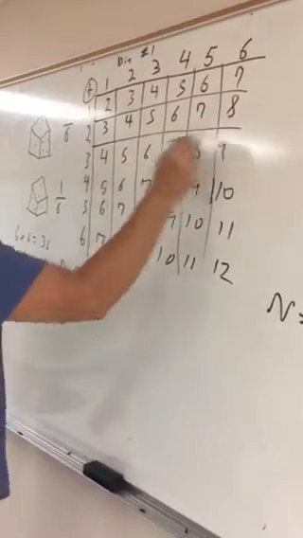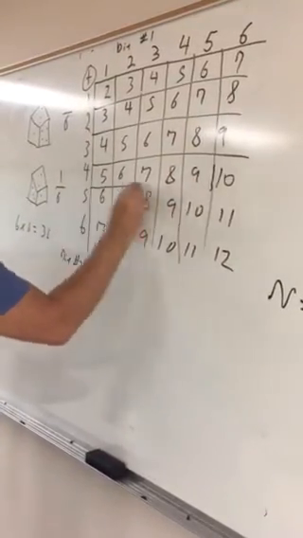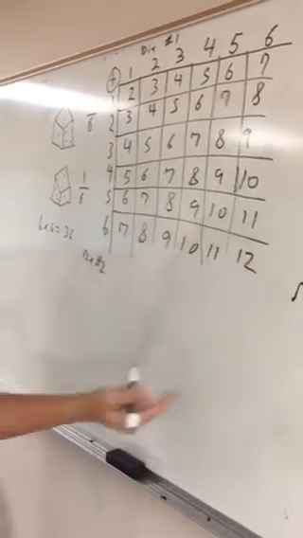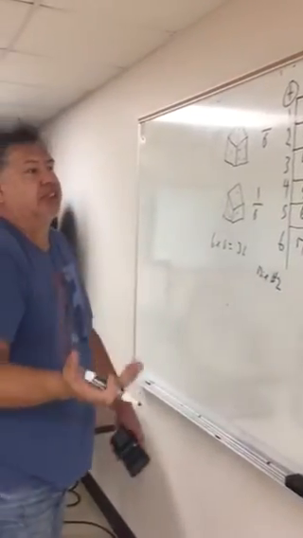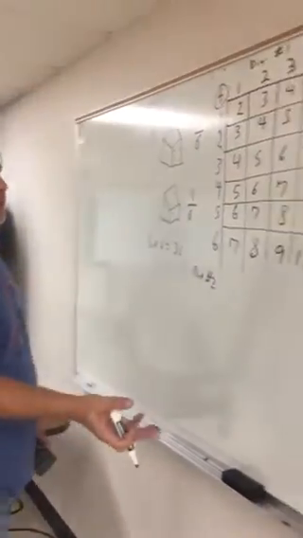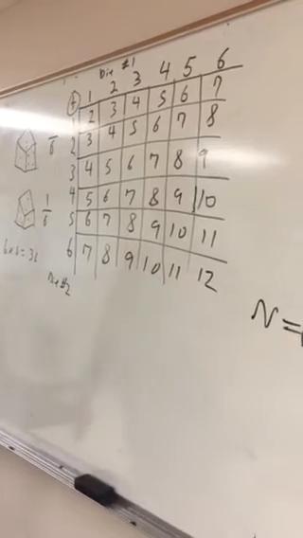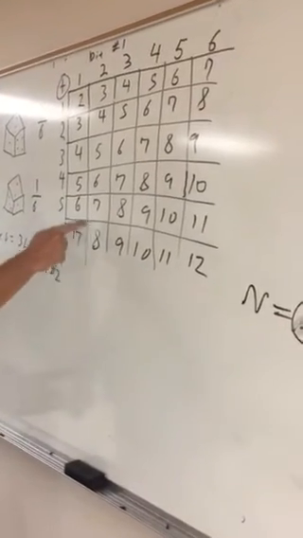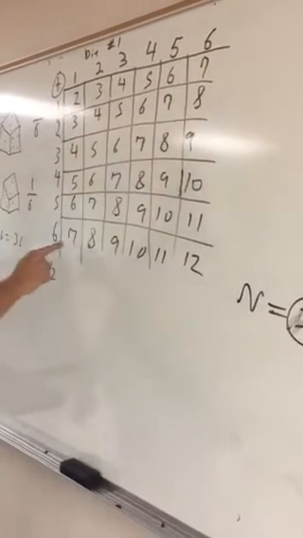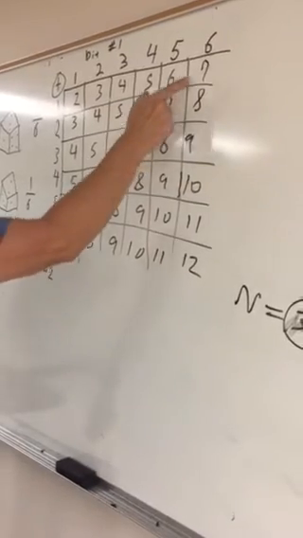So I know how many chances there are to roll a 7. If I ask what is the probability of rolling a 7, now I've got all the possibilities of 7. I've got 1, 2, 3, 4, 5, 6.